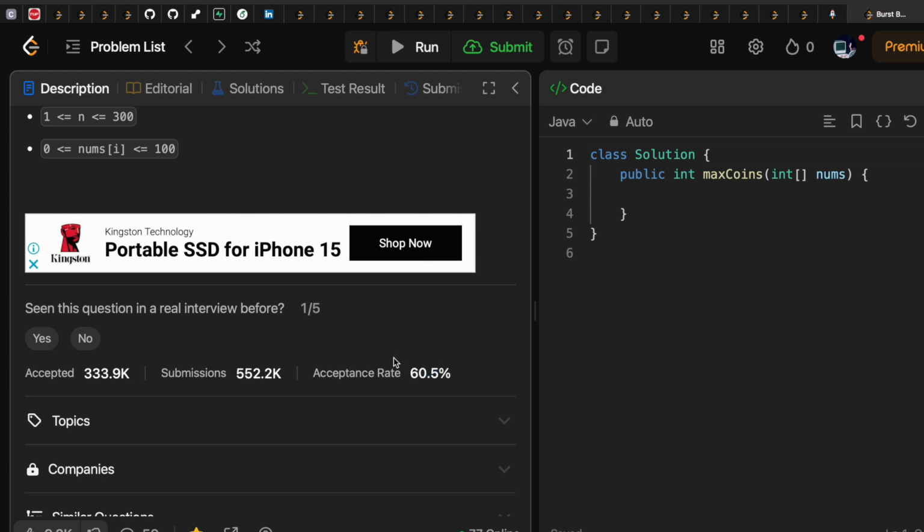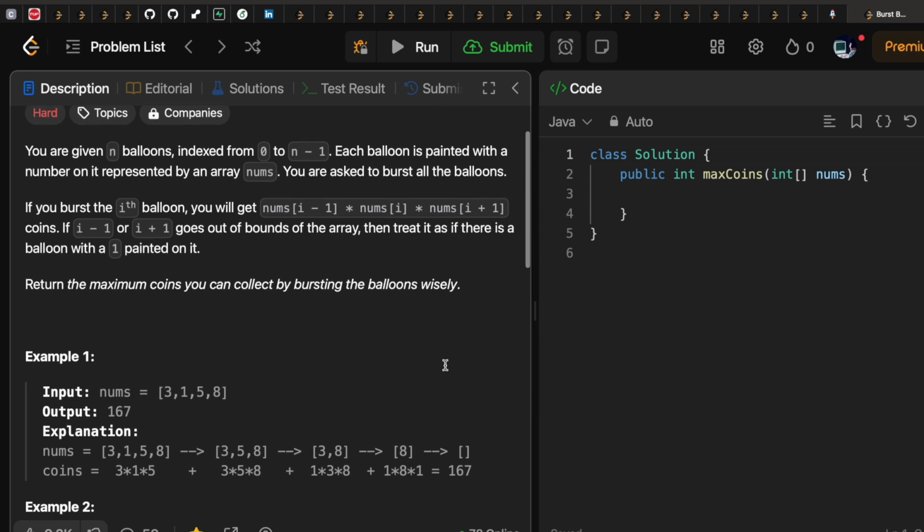I think two types of questions have a high acceptance rate: ones which are really easy and ones which are really hard. Only questions which seem easy but are actually hard have a lower acceptance rate.